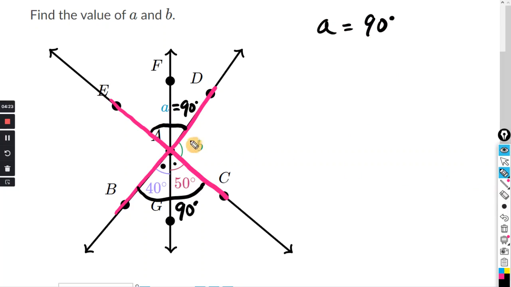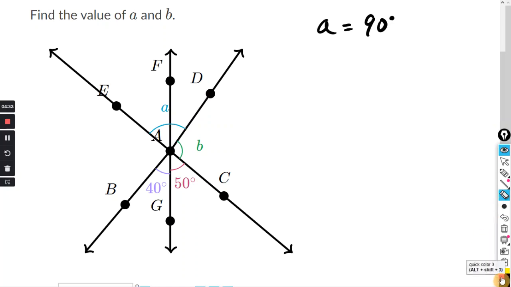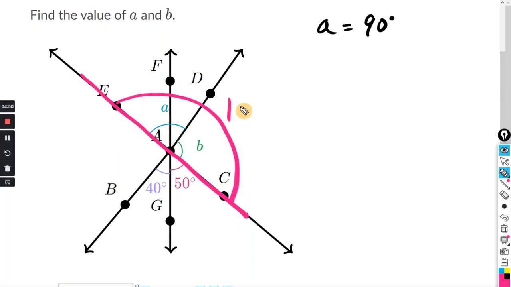All right, and let me erase what we have. All right, A is 90, and I can see a straight line right here. The angular measurement of a straight line or a straight angle is 180 degrees. We already said angle A was 90.